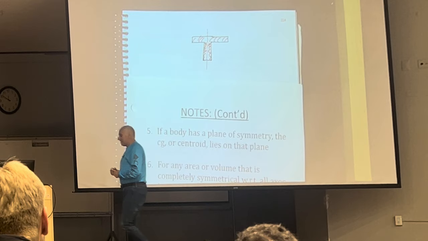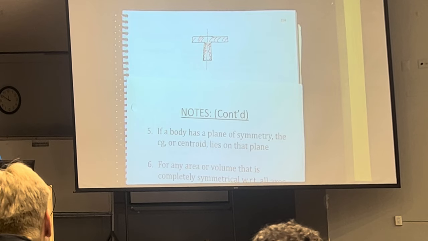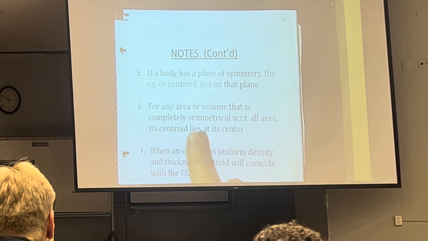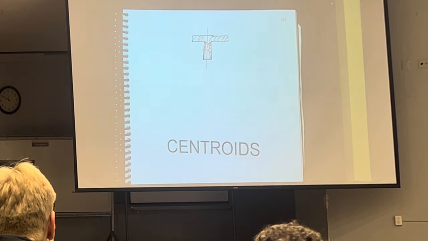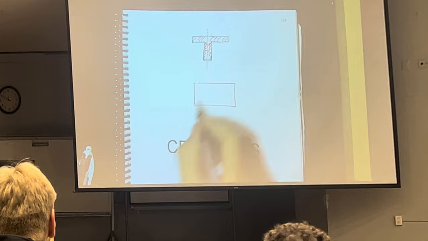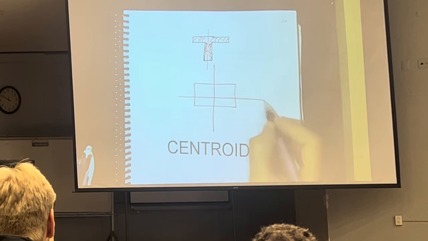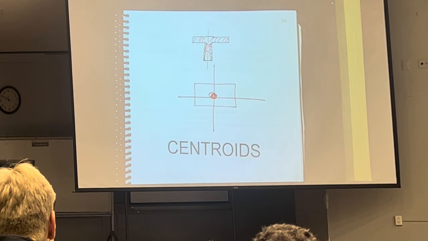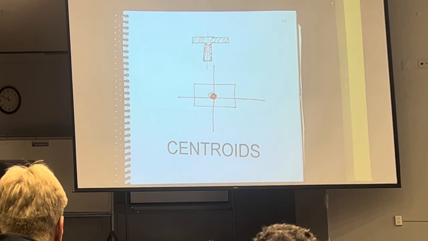Number 6 says, for any area, or volume, that's completely symmetric, then the centroid lies at its center. Example, I have a rectangle. It's completely symmetric, it's got to be dead center. That's what that statement is saying.